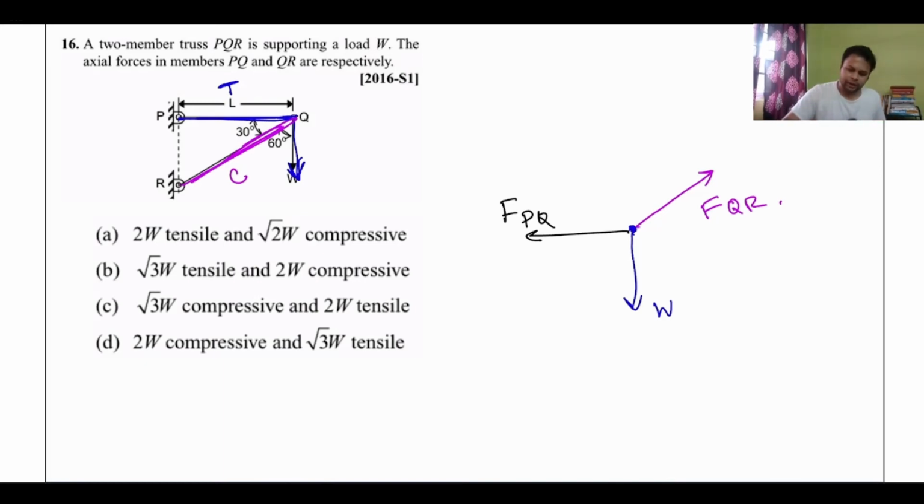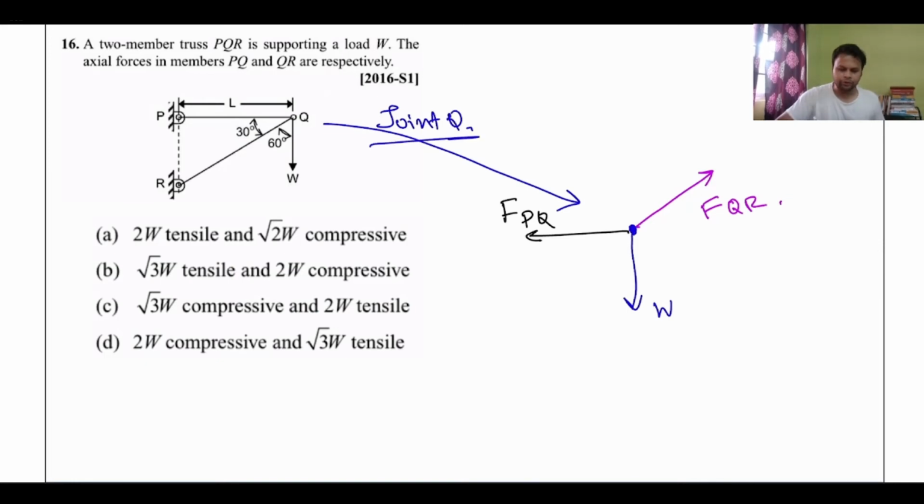Now, even if you are unable to analyze it this way, and you say, sir, I am unable to see how it is in tension or how it is in compression, then also it is not at all a problem. If you want joint Q to be in equilibrium, this is joint Q, there is no alternative to this direction of forces.